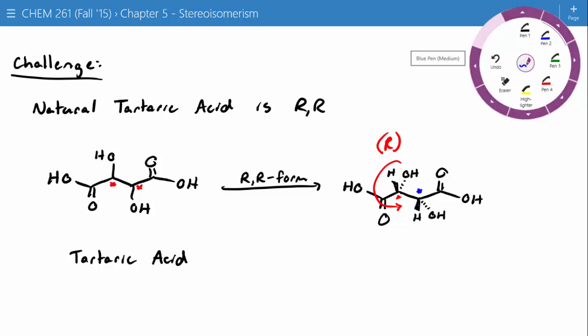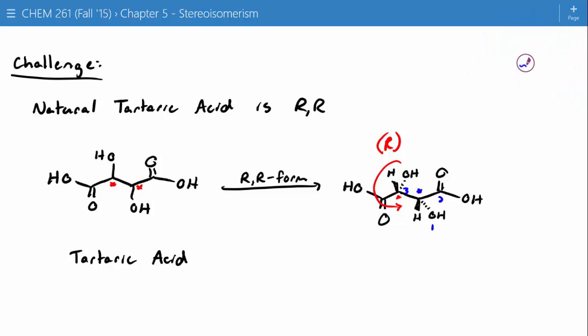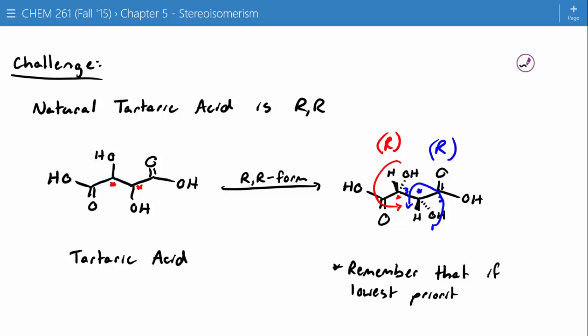Now, the priorities remain the same. We go 1, 2, 3. If we connect these now, this would still be R. And then remember, if the lowest priority is pointing forwards, flip R and S. So they do need to be inverted if you've got the lowest priority pointing forward.